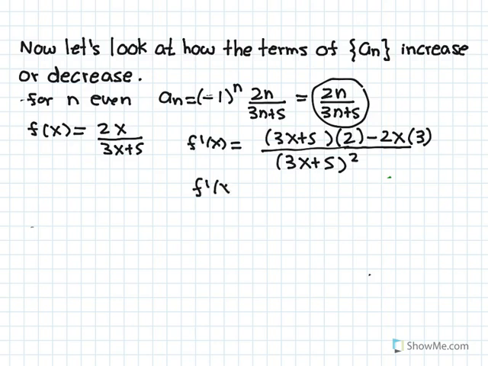Simplify: f prime of x is equal to, we get 3x times 2, that's 6x, and 5 times 2, which is 10, so 6x plus 10 minus 6x.